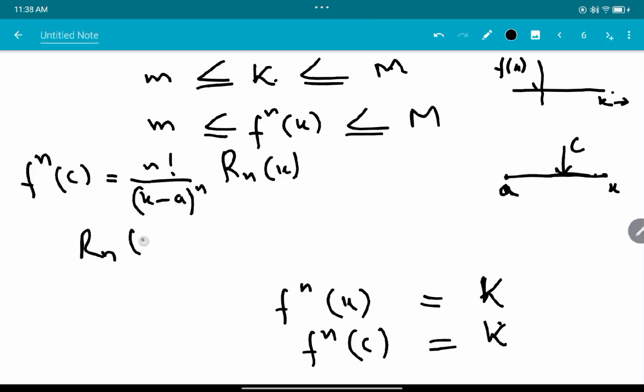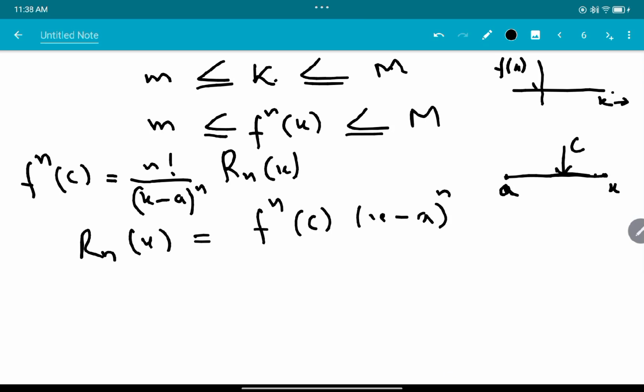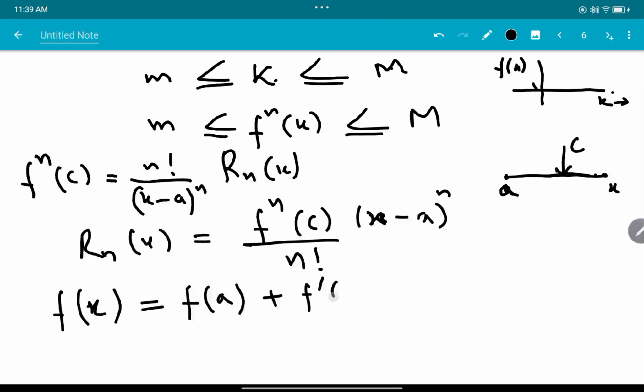R_n(x) is equal to f^n(c) into (x minus a) raised to n, divided by n factorial. This is the value of our remainder. Therefore, Taylor's theorem can again be written as f(x) is equal to f(a) plus f'(a)(x minus a) plus, and so on.